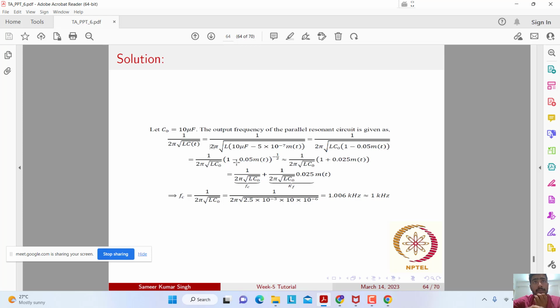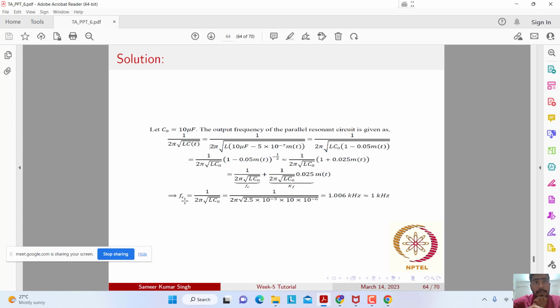It is of the form 1 minus x to the power 1 upon n, so you can write it as 1 plus nx. So it becomes that form. You can simplify more. You just multiply that term with 1 and 0.005 m(t). So that is fc, that is kf.